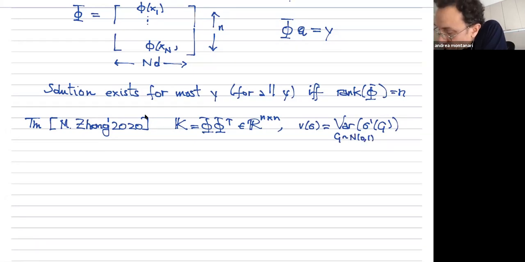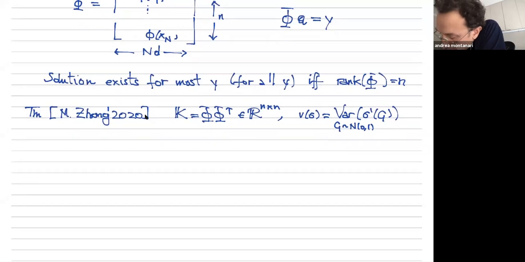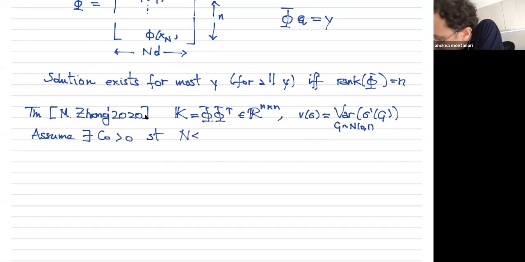Okay, and then, we assume there exists C0 positive such that n is less than C0 d.